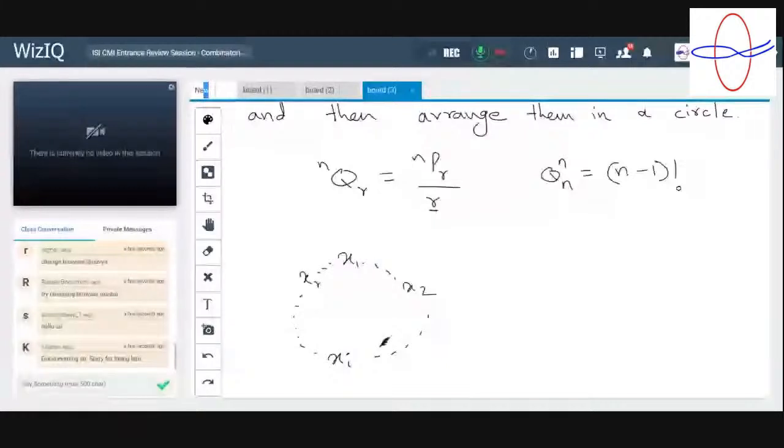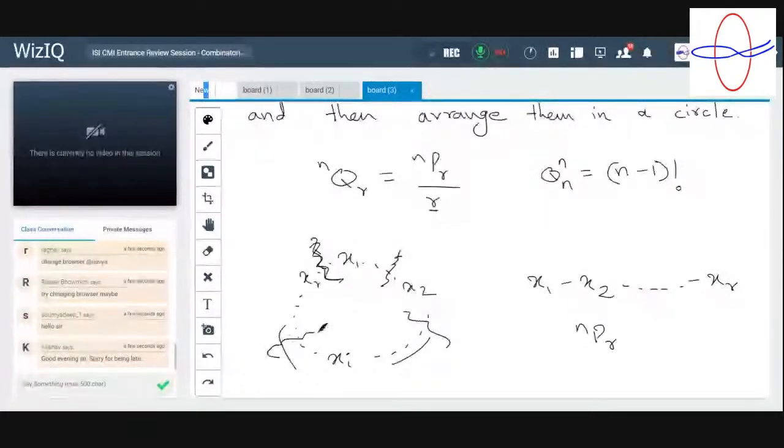Then you notice that if I cut it somewhere, I get a string out, which is just a permutation in a row, which we know can be done in nPr ways. But then you realize that I could cut in r different places, and they would all lead to the same permutation. So you divide by r when you're trying to count such permutations, and that's how you get the formula.